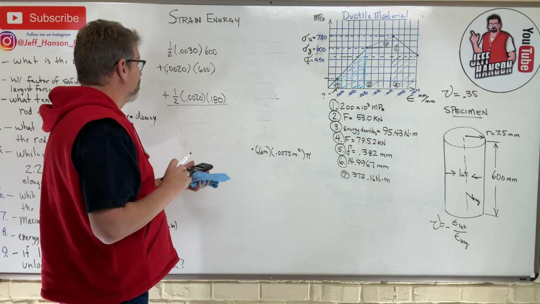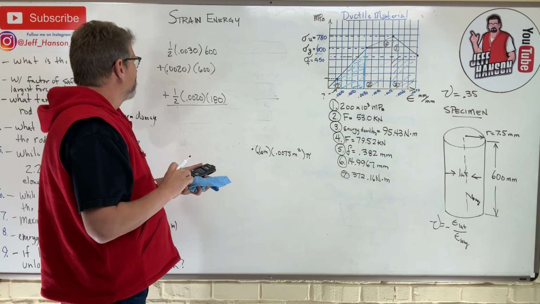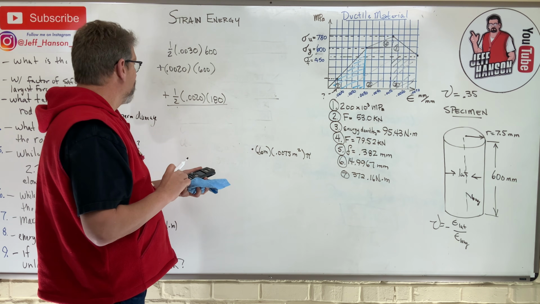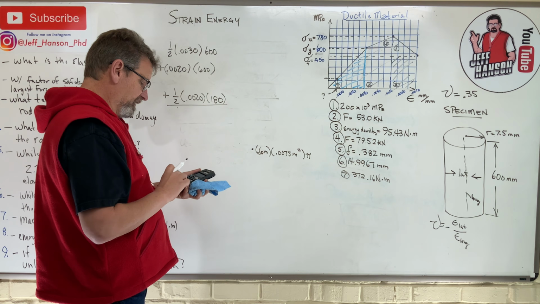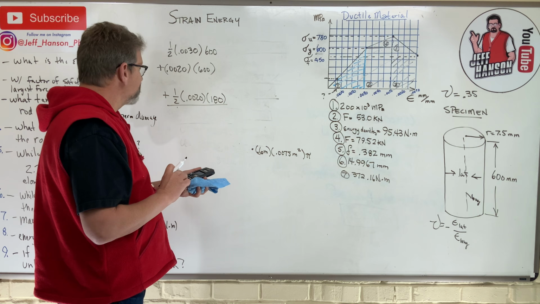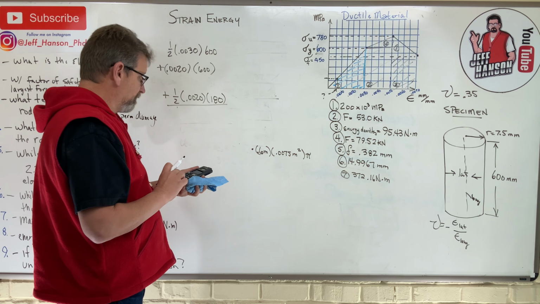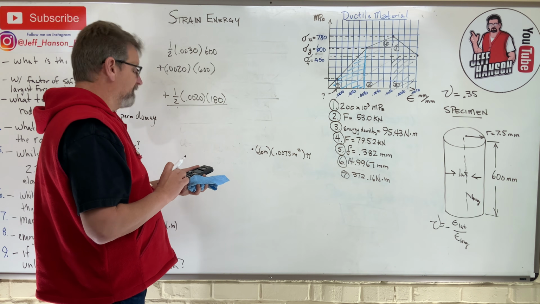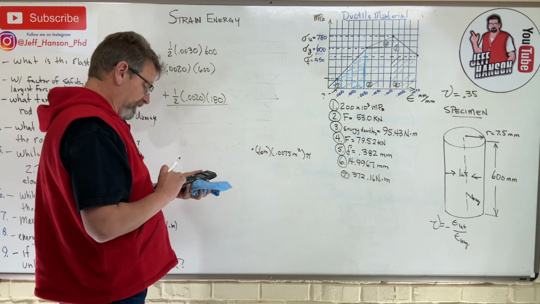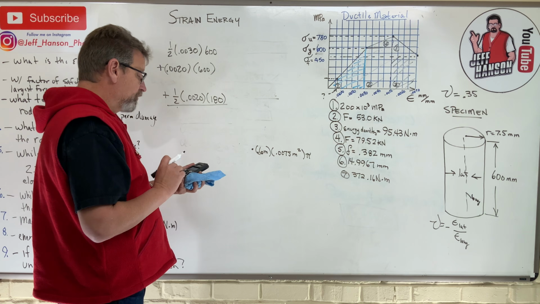Woo! 300 times 0.003 plus 600 times 0.002 plus, what do we say, 150, 165? 165 times 0.002 equals 2.43.